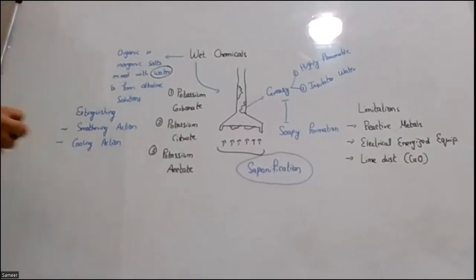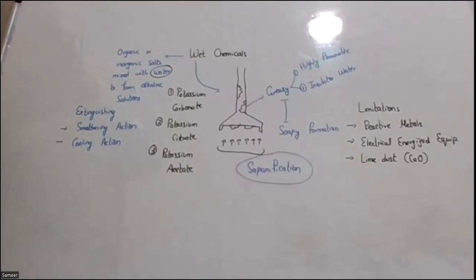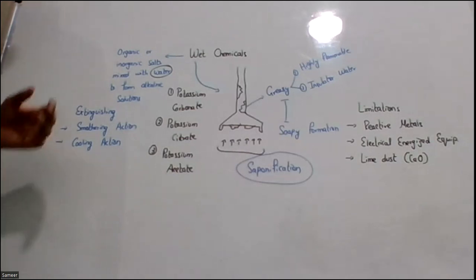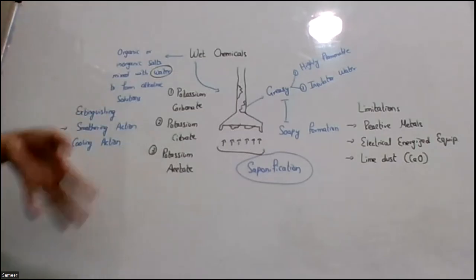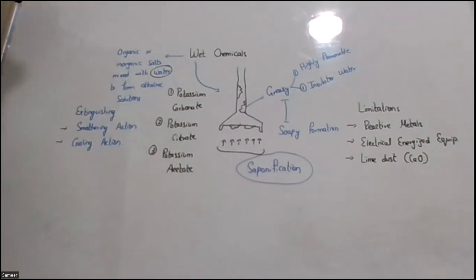Because, as we have discussed, water has the highest latent heat of vaporization. It can absorb the maximum amount of heat, so it has a very good cooling action. So it performs only two extinguishing mechanisms: smothering action and cooling action. Carbon dioxide has oxygen displacement and cooling action or smothering action, you can say. Wet chemical has smothering action and cooling action, and dry chemical powder has all four extinguishing mechanisms.